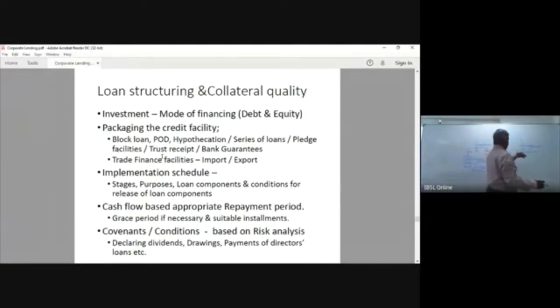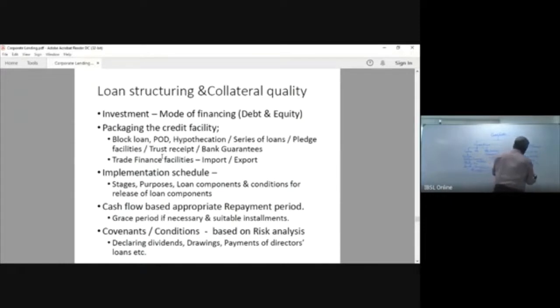And then guarantee bonds, then bid bond. Before that, bank guarantees, and then bonds, that is bid bonds and performance bond, like that.